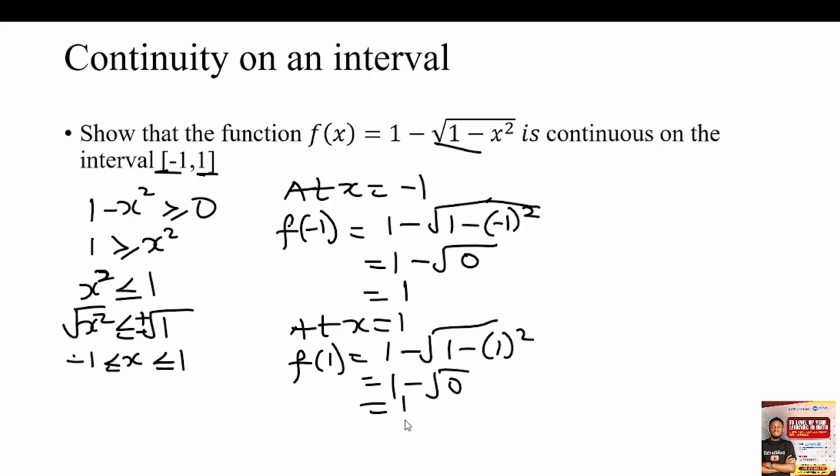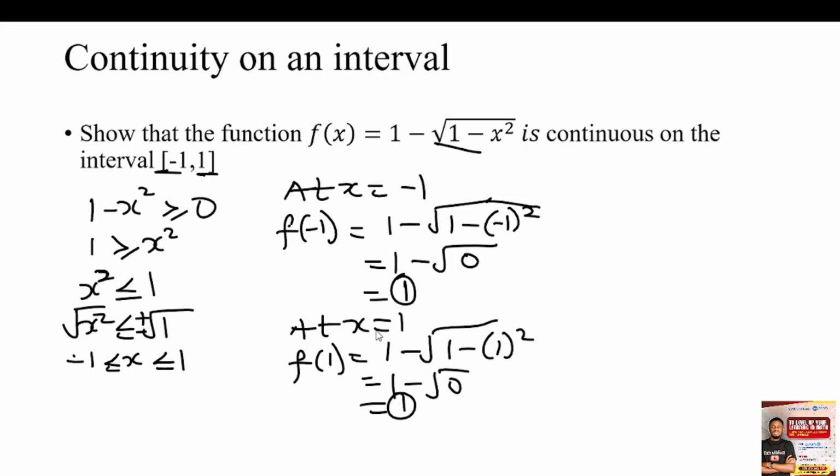And so since the function as it approaches from the right is equal to the function as it approaches from the left, the function is continuous from the left at x equal to 1, and it's also continuous from the right at x equal to negative 1.